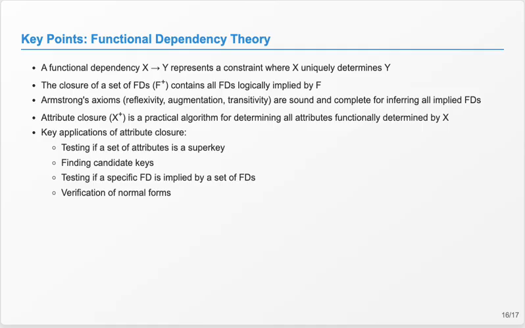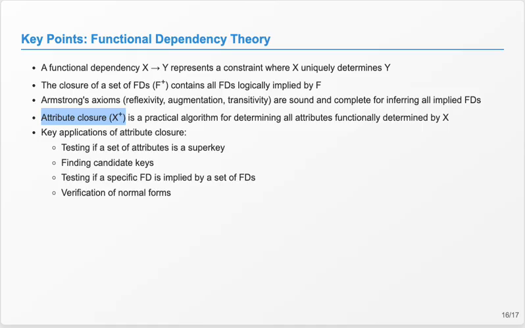However, because computing the closure of F is very time consuming, a lot of times we just consider the attribute closure, which effectively finds all attributes X determines. This will help us test superkeys, find candidate keys, verify functional dependencies, and later on we'll discuss how to use them to check normal forms.